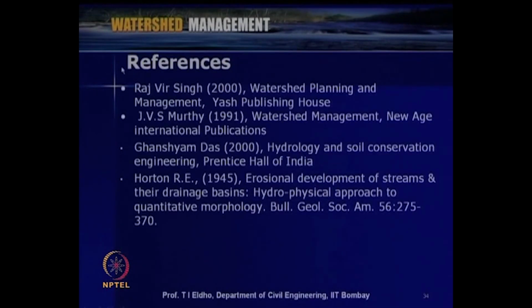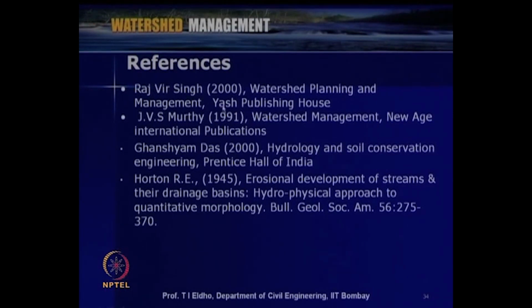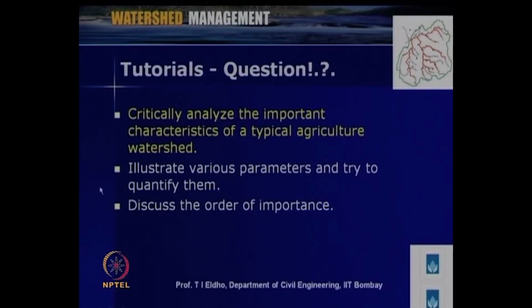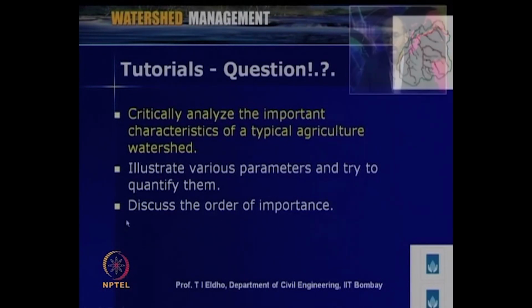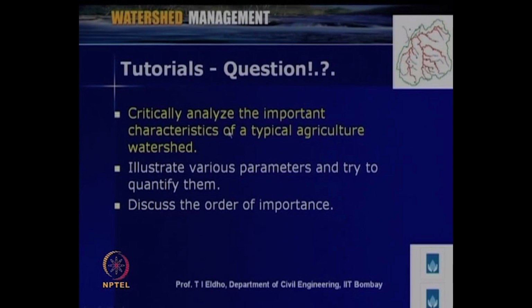Some of the important references used for today's lecture are Watershed Planning and Management by Ranveer Singh, and some other references. As usual, before closing the lecture, here is one tutorial question you can attempt. Critically analyze the important characteristics of a typical agricultural watershed. Illustrate various parameters, try to quantify them, and discuss the order of importance as far as the agricultural watershed is concerned.